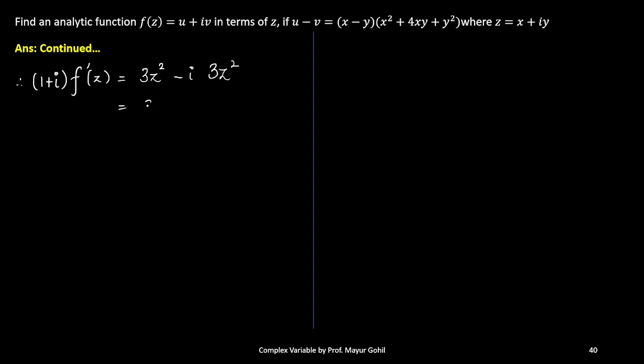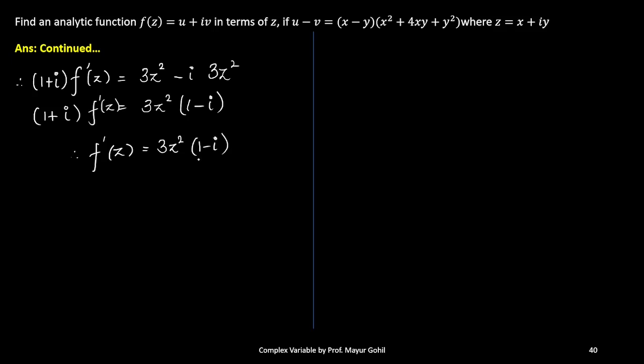So we take 3z square common, and we get 1 minus i, and here it is (1 plus i) f dash of z. We simplify this expression, f dash of z is equal to 3z square times (1 minus i) over (1 plus i).